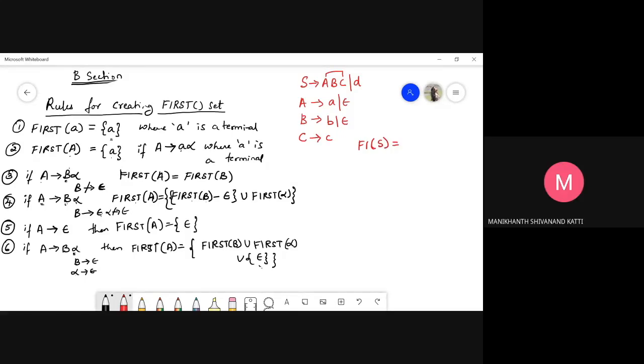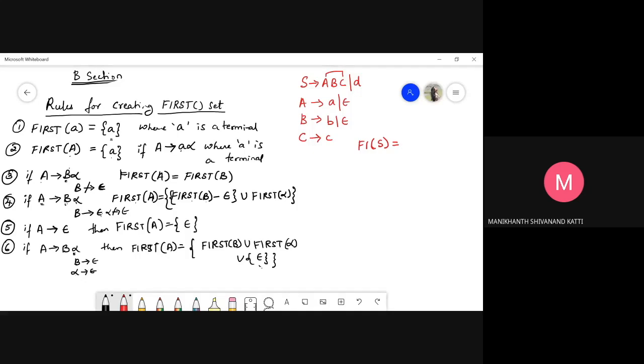Ma'am, one doubt. Rule 4, what you have written, is basically nothing but eliminating the nullable productions of the grammar, right? If you take first of B minus epsilon and union first of alpha, it's like eliminating the nullable productions.